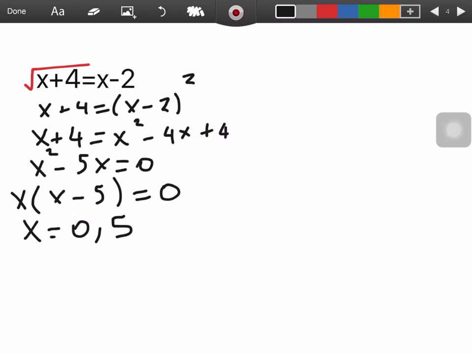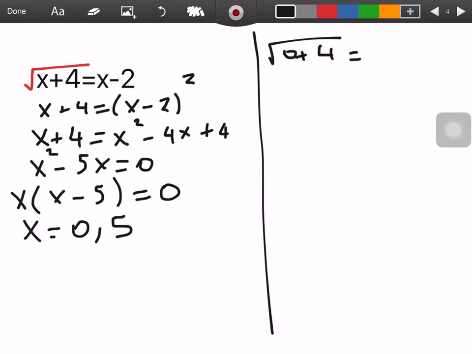But we have to make sure whether or not it's extraneous. So we have to check by substitution. So when you substitute 0, you're going to get square root of 0 plus 4, which is equal to 0 minus 2, and therefore square root 4 is 2, which does not equal minus 2.